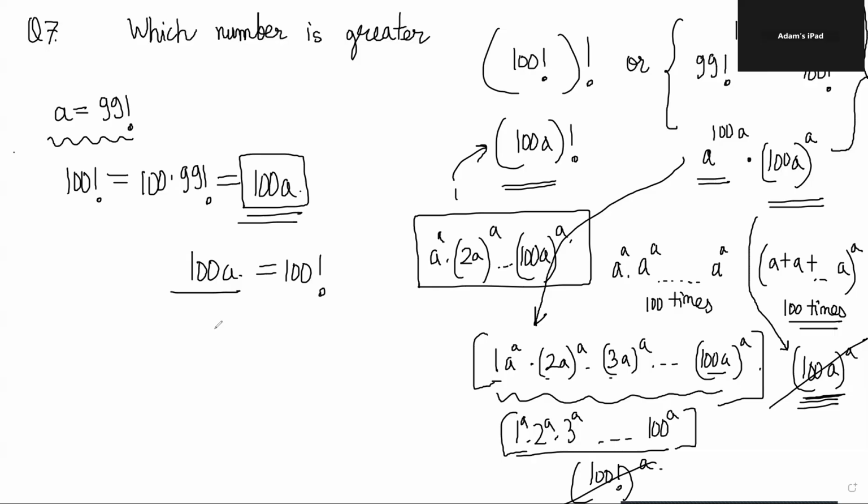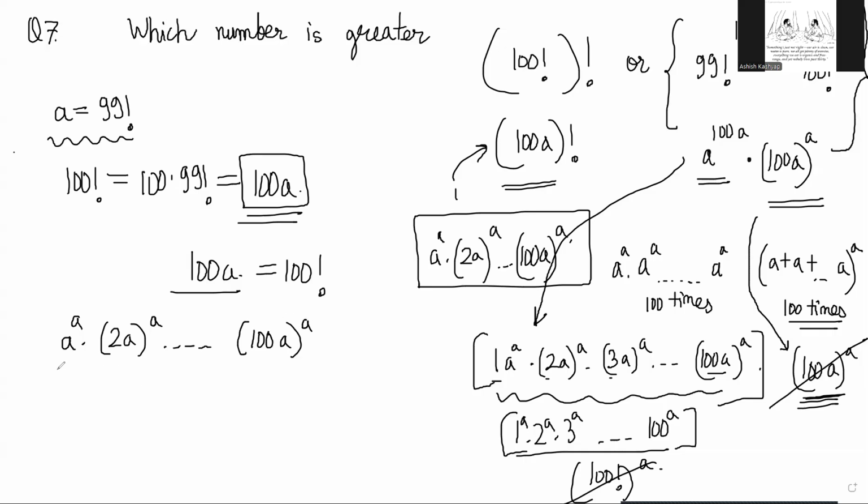Let's divide and see whether we are getting something bigger or smaller. If we get an answer which is clearly bigger than 1 or something, then we'll be done. I'm going to try dividing these two and figuring out which is bigger than 1 or not.